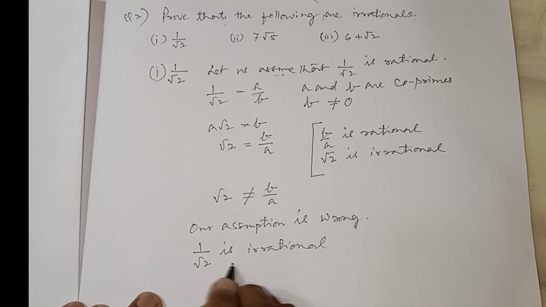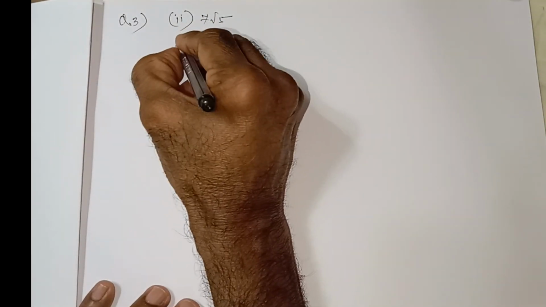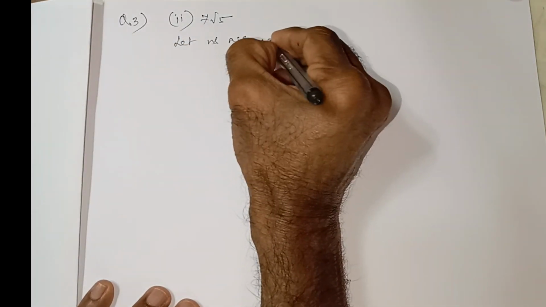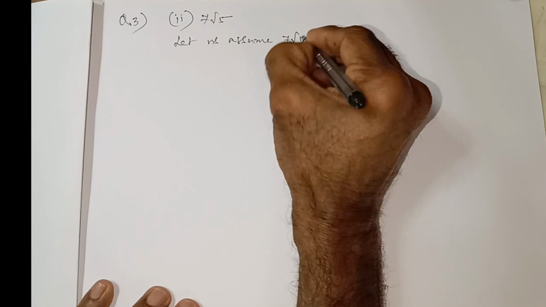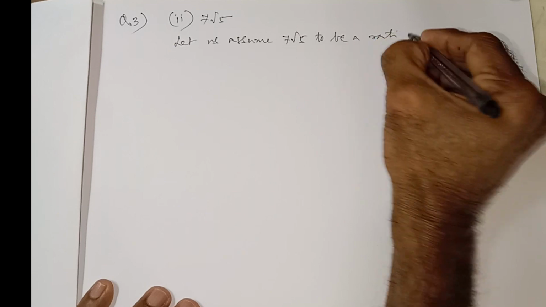That is our answer. Now the second sub-question in question 3 of exercise 1.3 is to prove 7 root 5 as irrational. How do we do that? It is very similar to the first question where we had assumed that the particular number is rational. Here also we start the same way. Let us assume 7 root 5 to be a rational number.